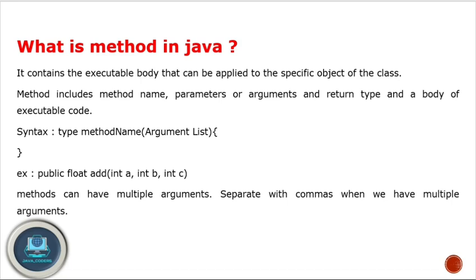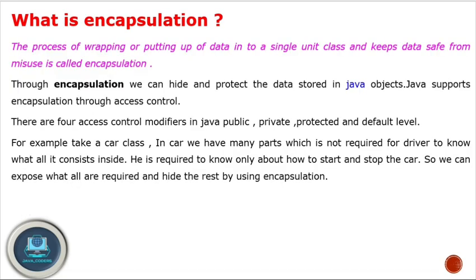What is encapsulation? The process of wrapping and putting up data into a single unit, a class, and keeping data safe from misuse is called encapsulation. Through encapsulation, we can hide and protect the data stored in a Java object. Java supports encapsulation through access control. There are four access control modifiers in Java: public, private, protected, and default level.